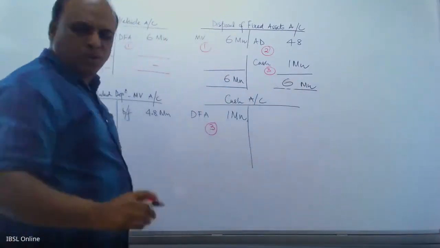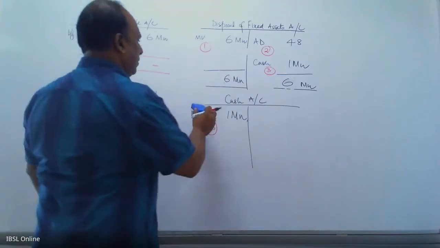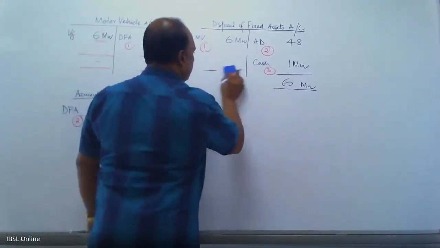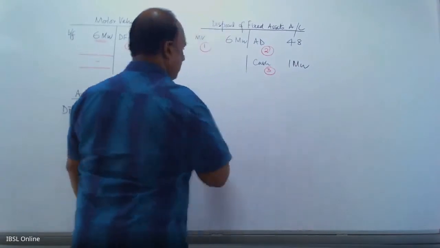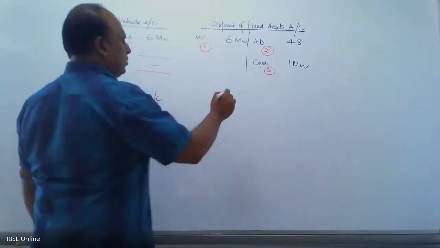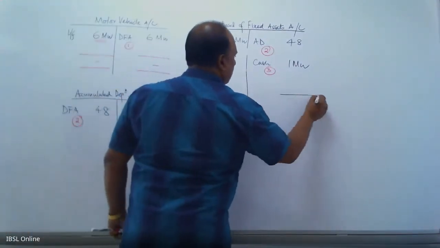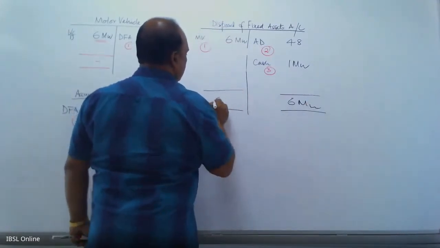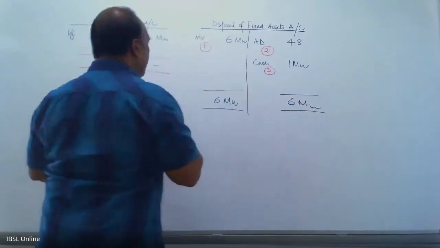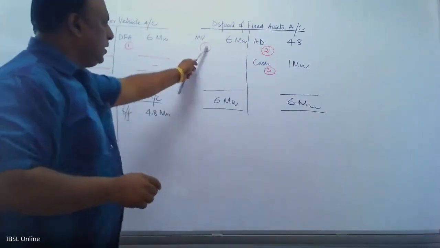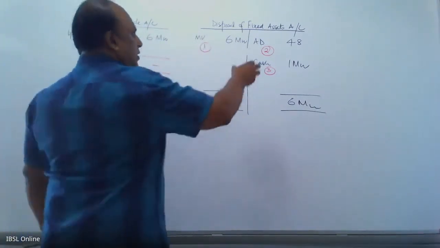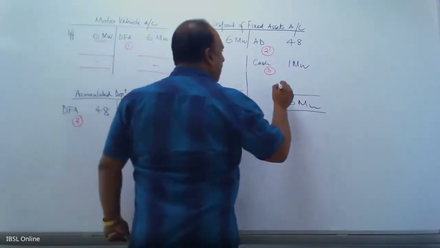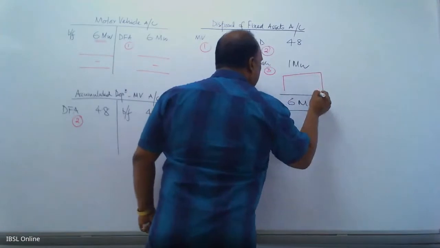So now what is going to happen? I'll just erase this. 6 million. Now when you try to balance it, this side is 6. This side it is only 5.8, which means your balancing figure is on this side.